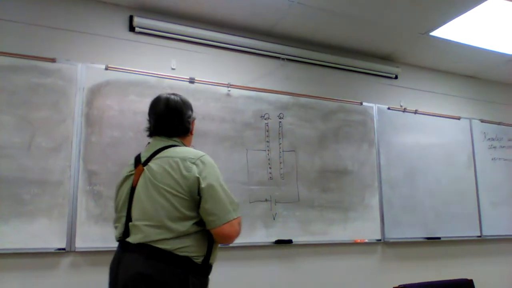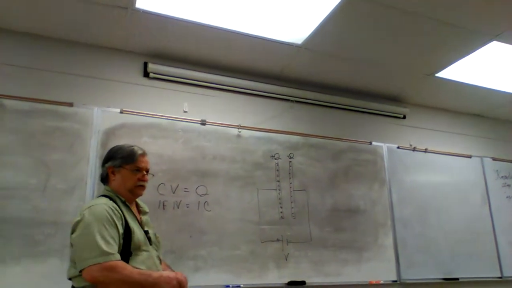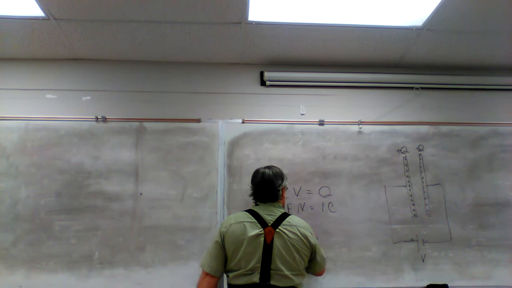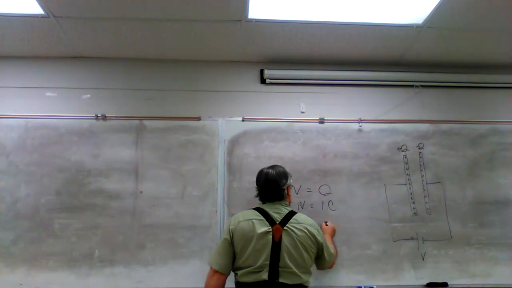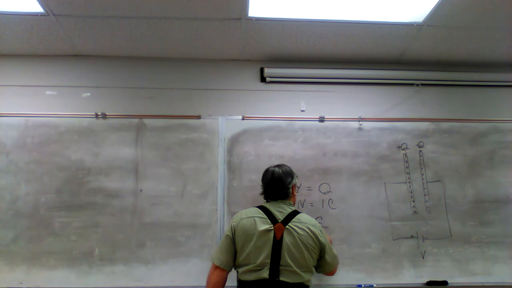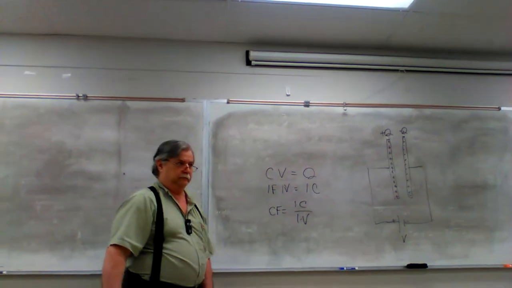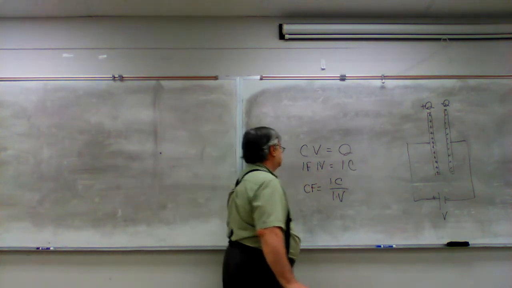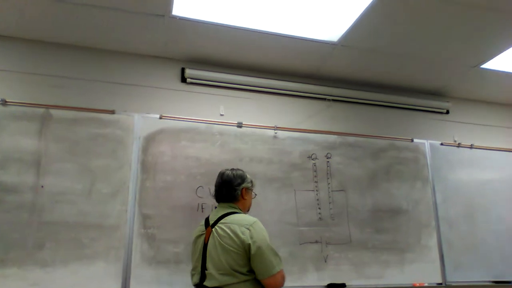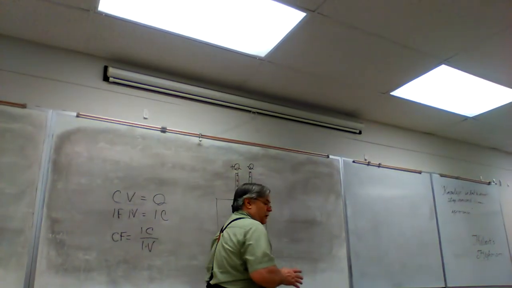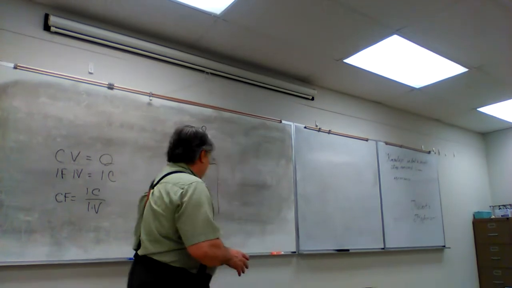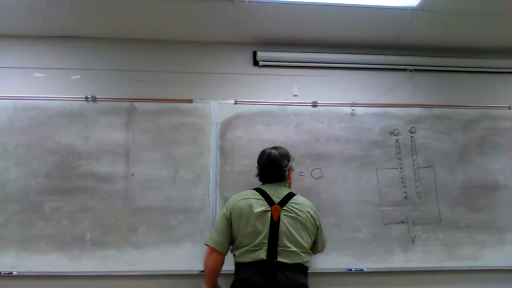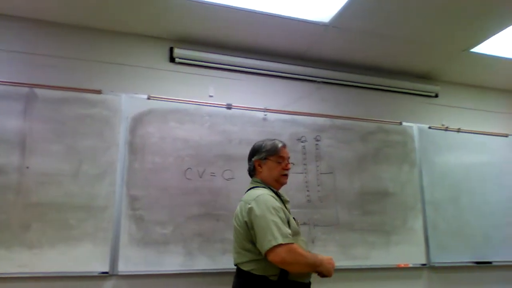So this is where we got the definition. 1 farad was defined as 1 coulomb of charge per 1 volt. Okay? Now, that's how all of this is defined. Let's keep that little equation right there because it's going to come in handy in a minute.